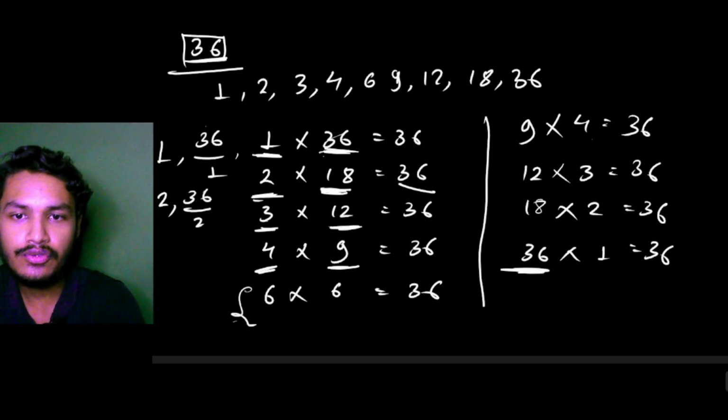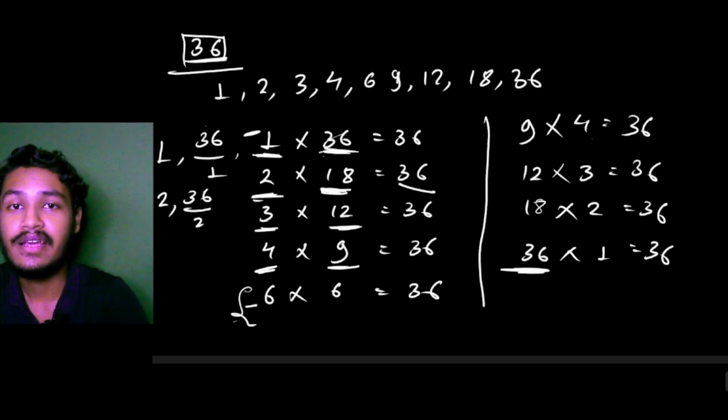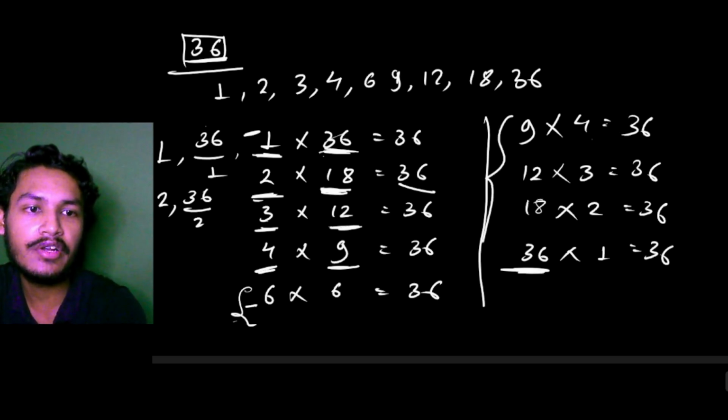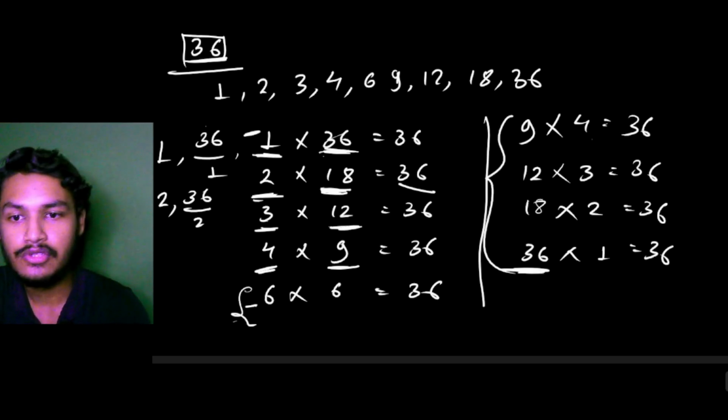So in this way, if we run our loop from 1 to 6 in this example, we can get all the divisors. We don't have to run our loop for these steps also. So let me write down the pseudocode for this.